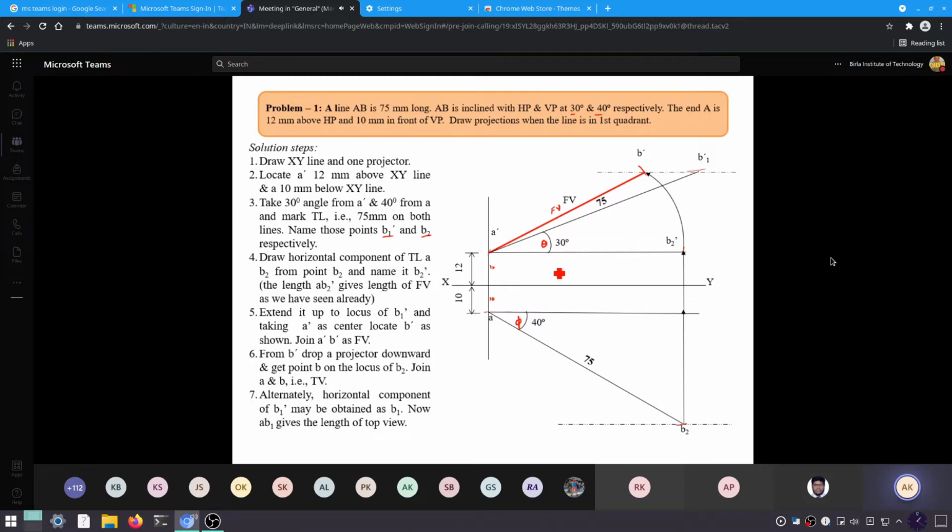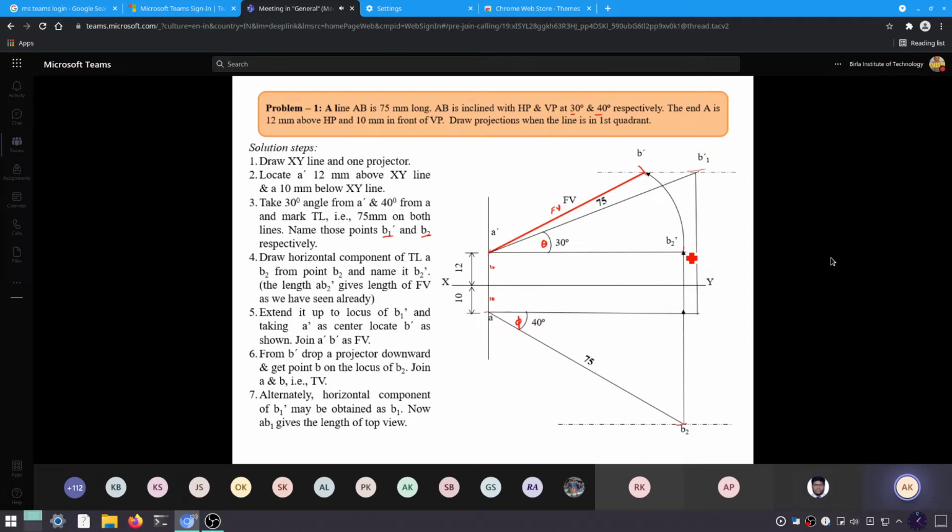Now, if we want to draw the top view, what will we do? Sir, from B1 dash we will drop a perpendicular. Yes, we will drop B1 dash over the locus of A dash.